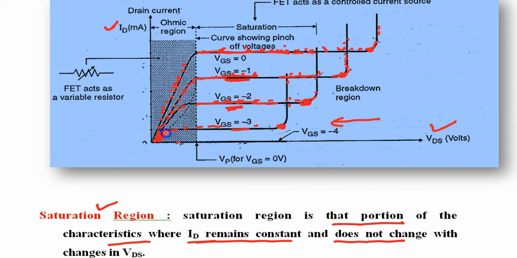Like at -3 it is like this, at -2 this region is higher, and at -1 still higher. Moreover, the slope is also increasing as the gate source voltage increases, meaning less negative. Here it is more negative, less slope. So the slope is increasing, okay.